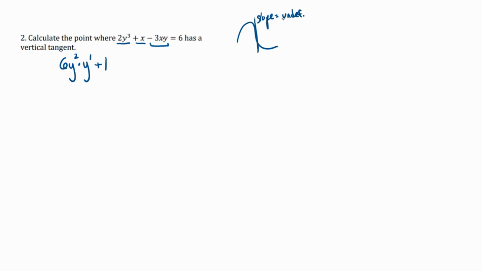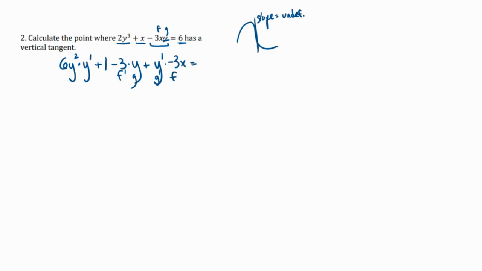So the derivative of negative 3x is negative 3 times y, plus the derivative of y, which is y prime, times negative 3x. Remember, it's f and g. F prime is negative 3, g is y, g prime, the derivative of y, is y prime, and f is negative 3x.